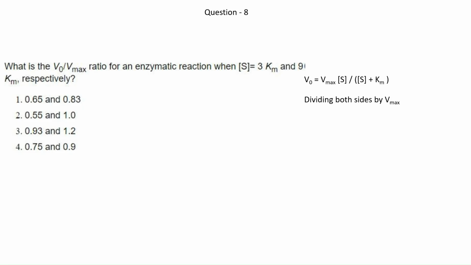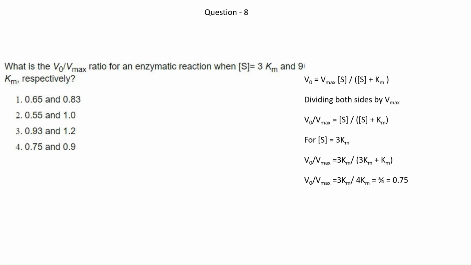Now first we'll divide both sides by Vmax to get our ratio. Now for the first case where substrate concentration is equal to 3 Km, we put in the values and simplify the equation and we get the ratio to be 0.75.